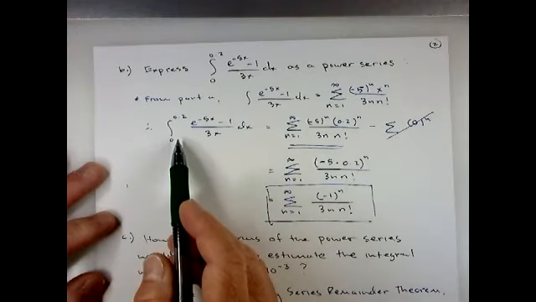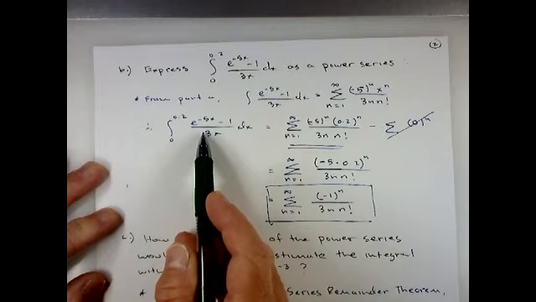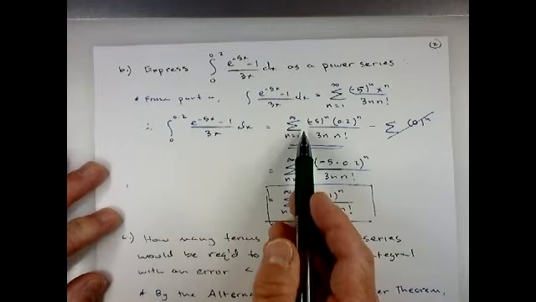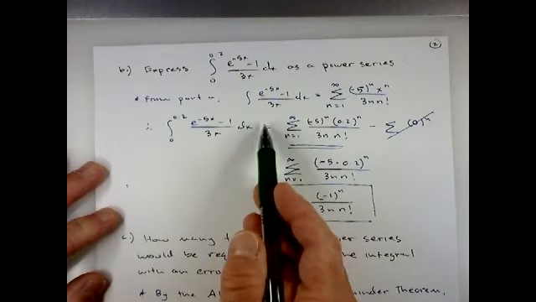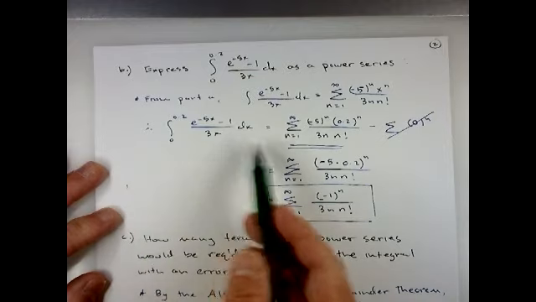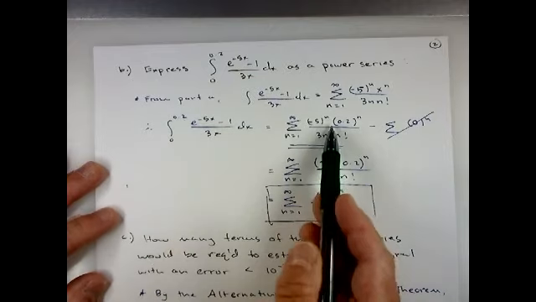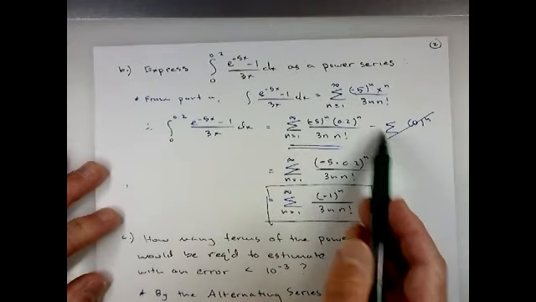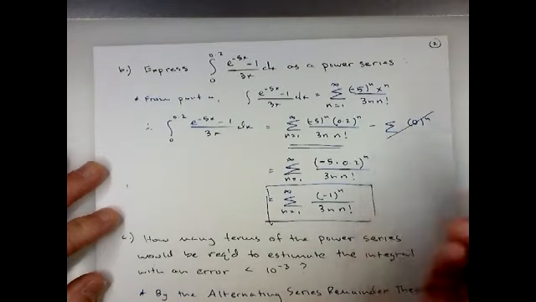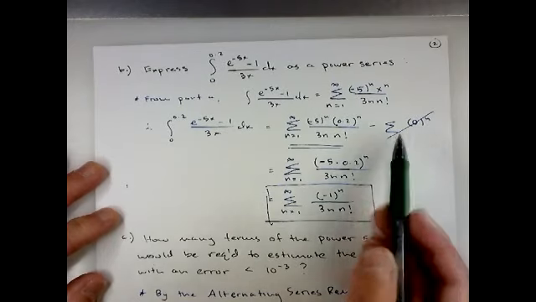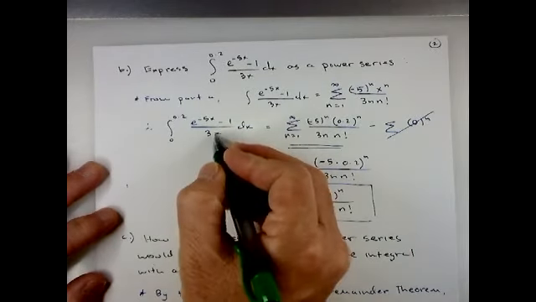So think about the fundamental theorem of calculus. How we evaluate integrals is you find the antiderivative and evaluate it from 0 to 0.2. That's the equivalent of plugging 0.2 into our power series minus plugging in the lower limit of 0, which is going to give us 0. So this is just using the fundamental theorem of calculus.